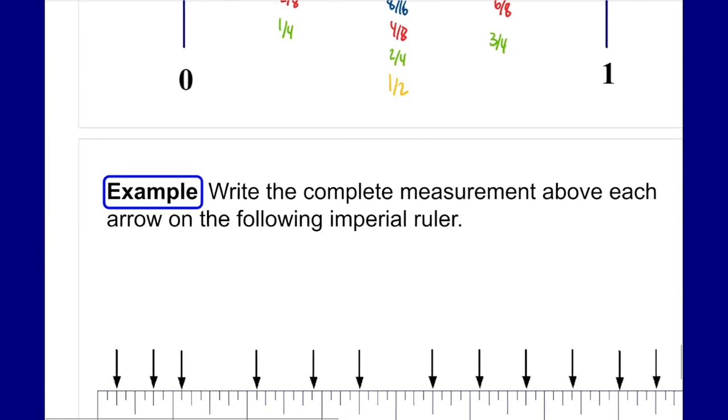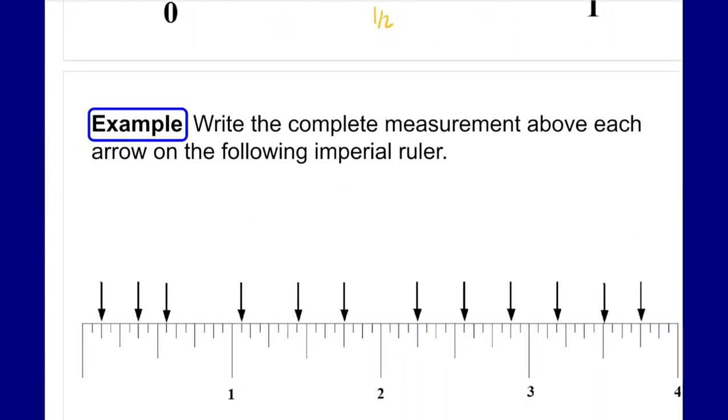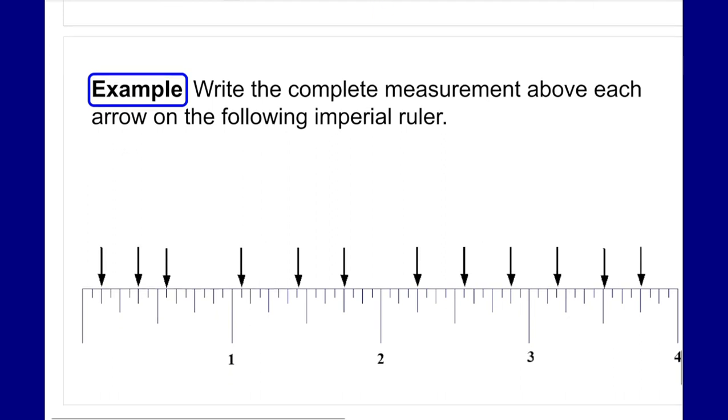So as an example, let's work through and write out the complete measurement above each arrow on the following imperial ruler. Starting with the first one, we can start by counting 16ths, right? 1/16, 2/16. So this is 2/16, but we can convert that to 1/8.